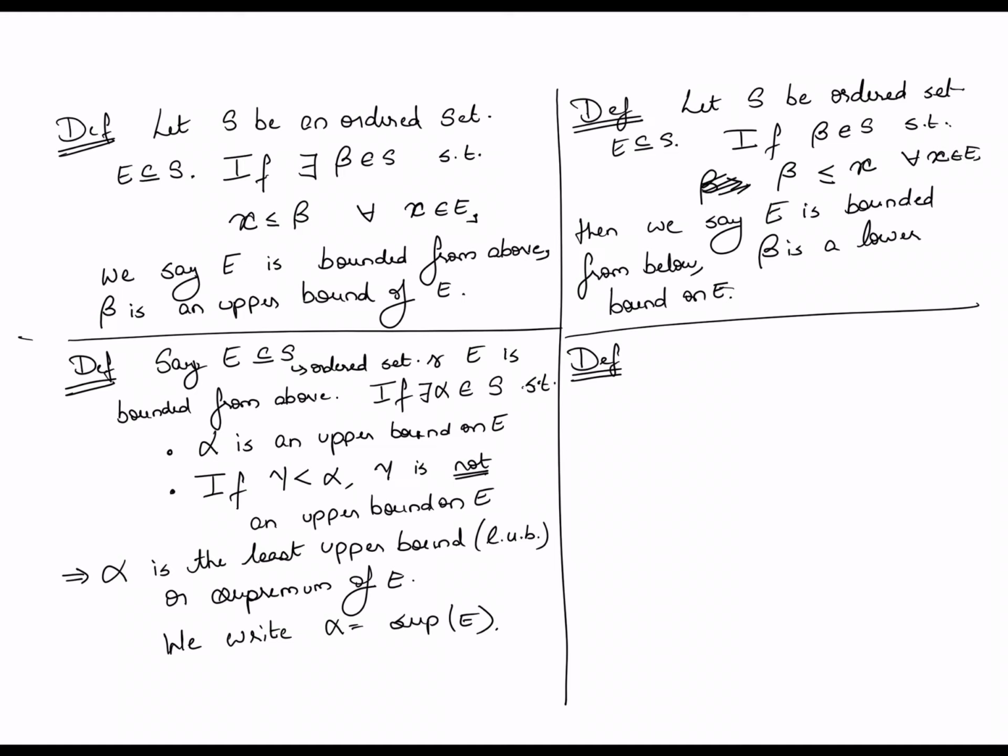Similarly, for a set that is bounded from below, it is meaningful to talk about what is the greatest lower bound. So the definition is going to be analogous. So again, E is a subset of S. S is an ordered set. And E is bounded from below.